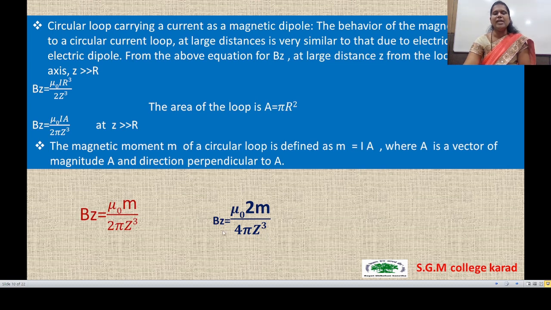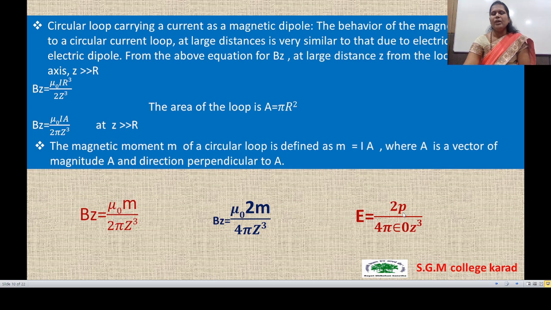That is the field along the Z axis of the magnetic dipole. Similarly, we can also write the electric dipole equation. E is equal to 2p upon 4 pi epsilon 0 Z cube. That is the electric field of the electric dipole, and the circular loop carrying current acts like a dipole.